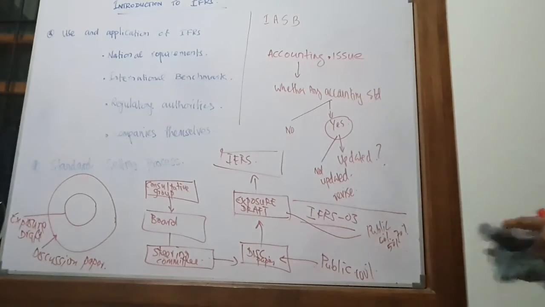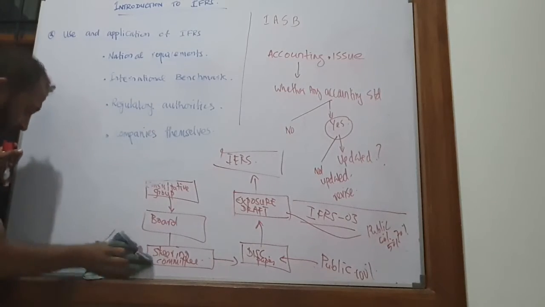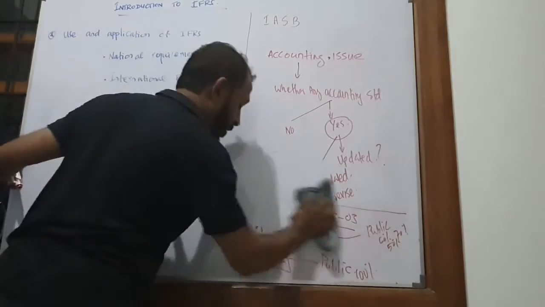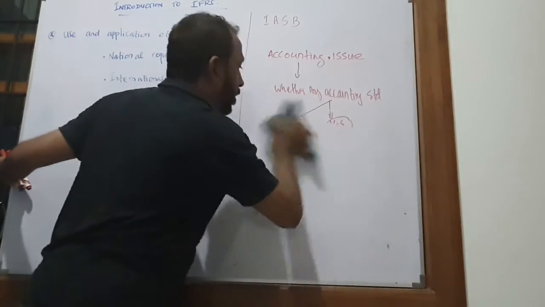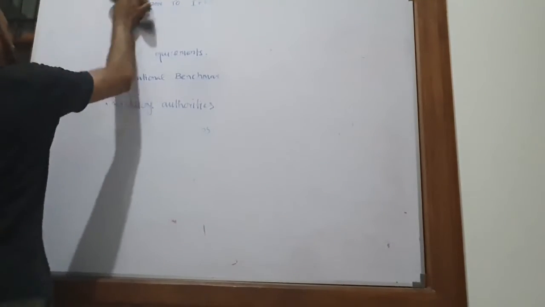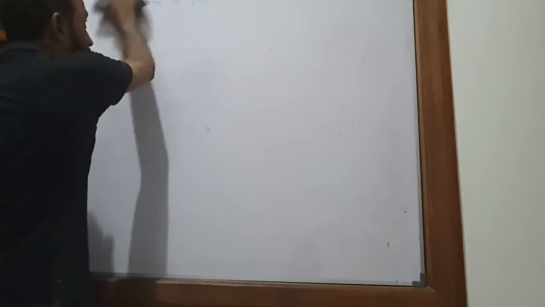Let's now look into the list of IFRS which we will be discussing in our session. There are two different types of accounting standards.